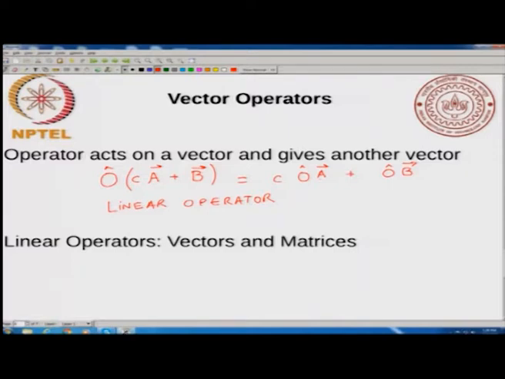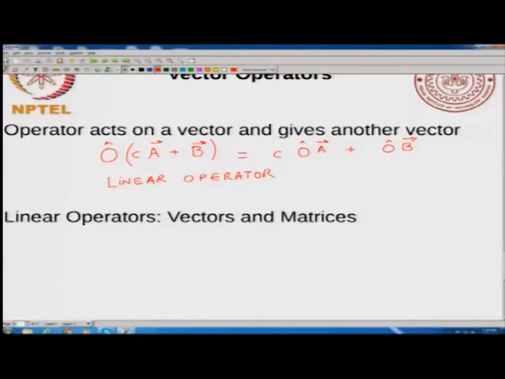Now, linear operators are extremely important in quantum mechanics. In fact, a large part of the formulation of quantum mechanics is based on linear operators. But there is something else about linear operators. There are only certain kinds of transformations which are linear.